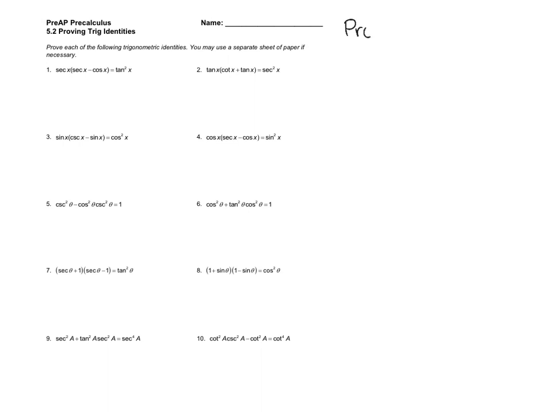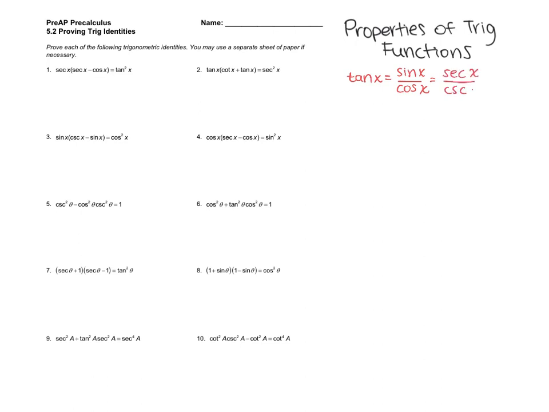So these rules are the properties of trig functions. There are only a couple that are really important. Firstly, we have our quotient properties, which are tan x is equal to sine x over cos x, which is also equal to secant x over cosecant x.